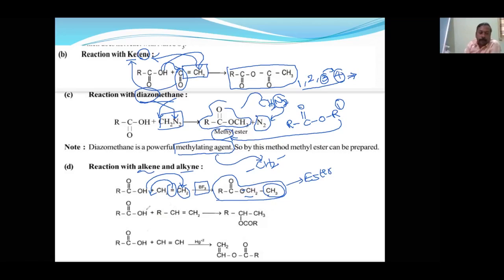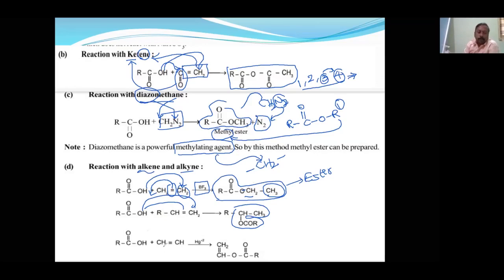Same way, if I heat it with any other alkene, then the same hydrogen will be attached here and this double bond will be attached over here. Still it is ester only. Always ester formation will be taking place. But if you use diazomethane, you will get methyl ester. If you use the alkene, then you will get the simple esters.